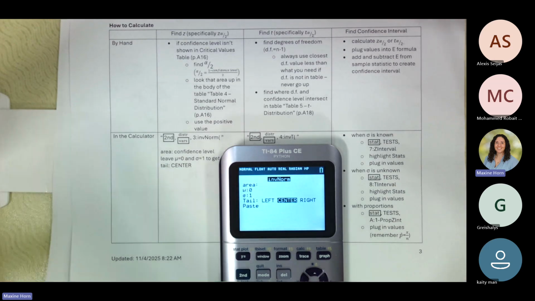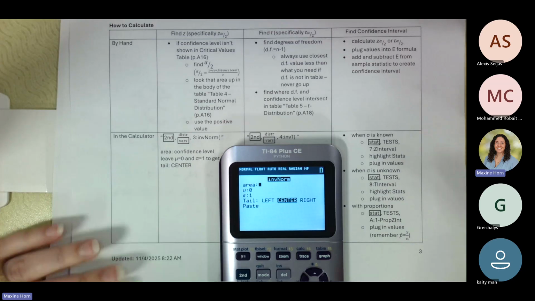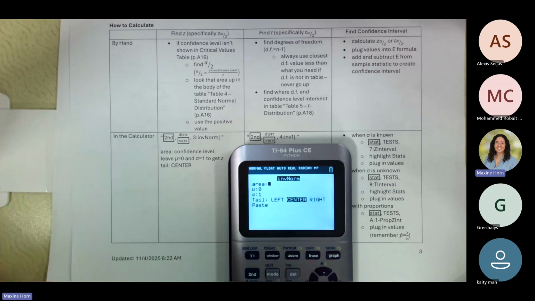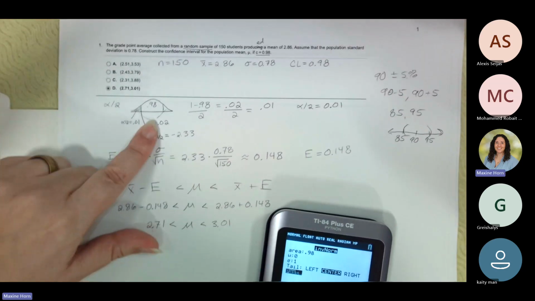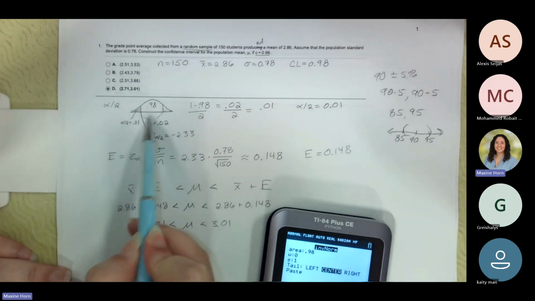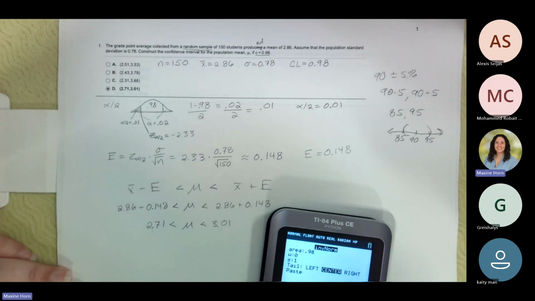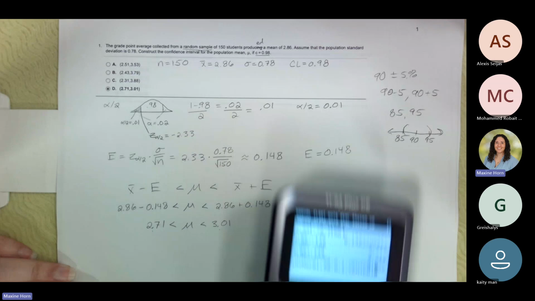Okay, so what do we put for the area? Well, there's a few ways that you can do this. You can either put in your confidence level, which is 0.98, and say, yep, that's in the center, right? Because we're drawing a picture of what's happening here. My area is 0.98 in the center, and then hit enter.